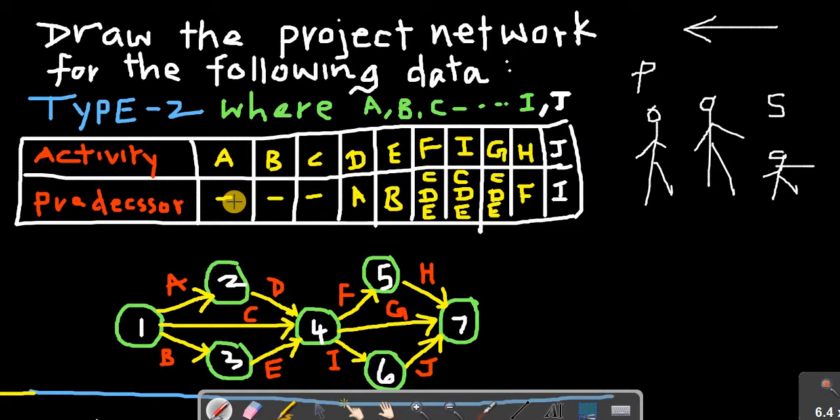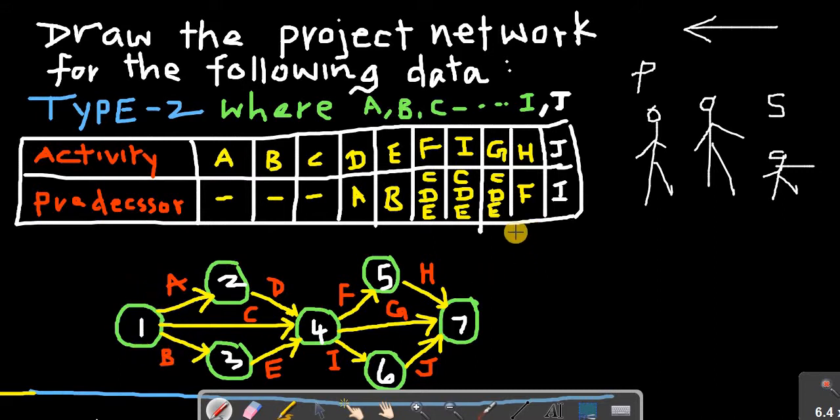Look at this particular picture here. A doesn't have a predecessor, therefore it must be a starting event. B doesn't have a predecessor, therefore it also must be an initial event. C doesn't have a predecessor. So these activities don't have predecessors, which implies they must be the starting point of the project.